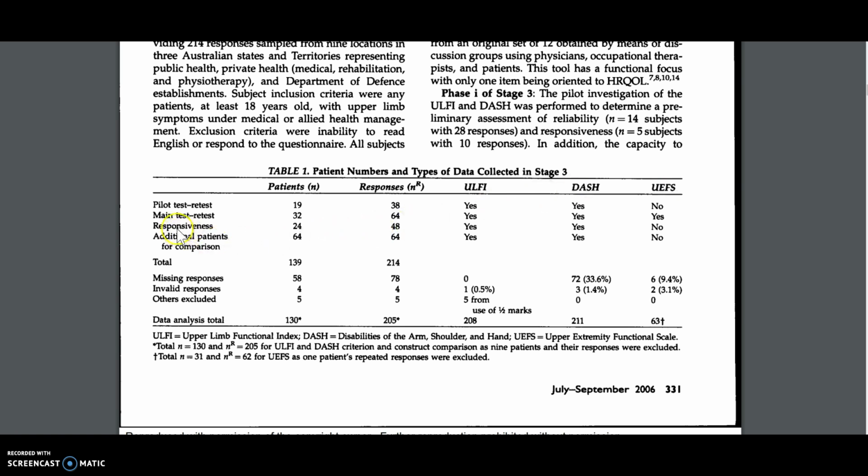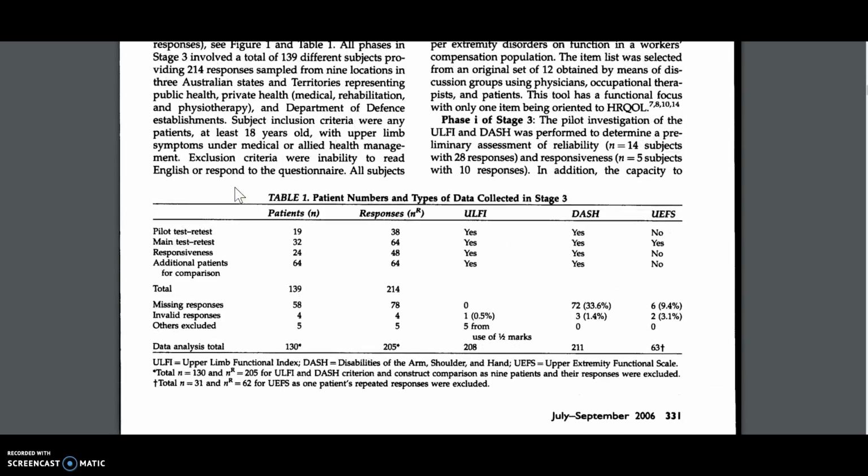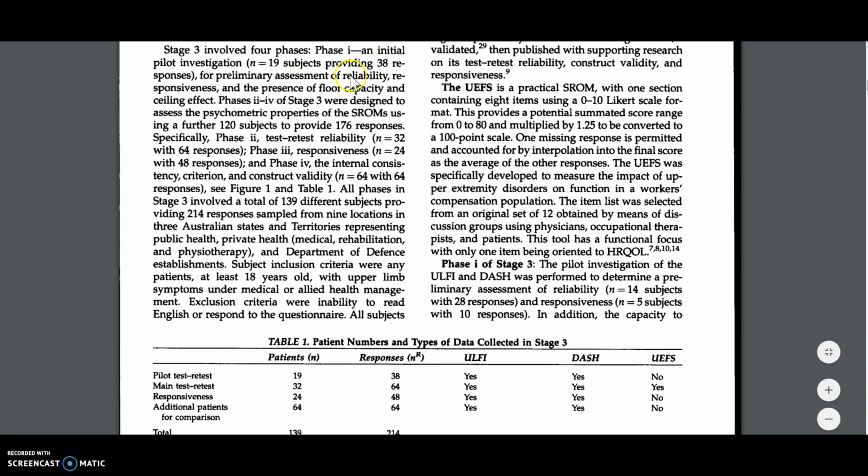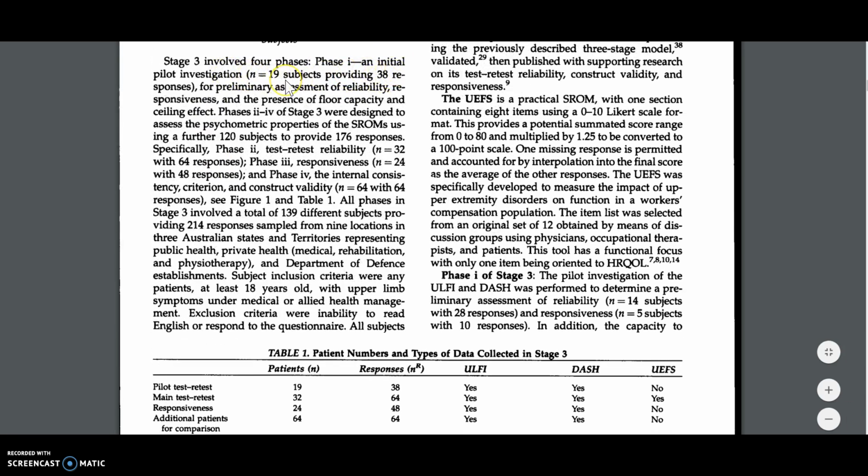They also did a main test, or another subgroup. So if you remember, let me go up. There was a preliminary study, so they did the initial pilot investigation of 19 subjects for preliminary assessment, and then they continued on to add another 120 subjects to provide a total of 176 responses.